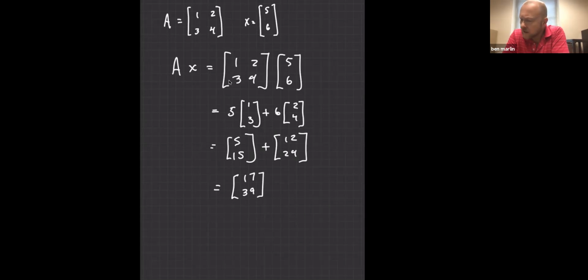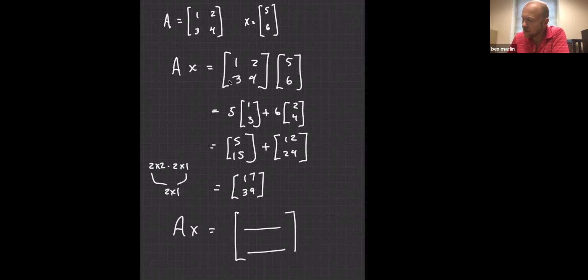If you have dealt with matrices elsewhere, you may also have seen it done like this, where since it was a 2 by 2 multiplied by a 2 by 1, the result was going to be 2 by 1, and then you made the shape ahead of time, and then you said, I want to take the column vector here, the 5, 6, and dot it with each of the rows.